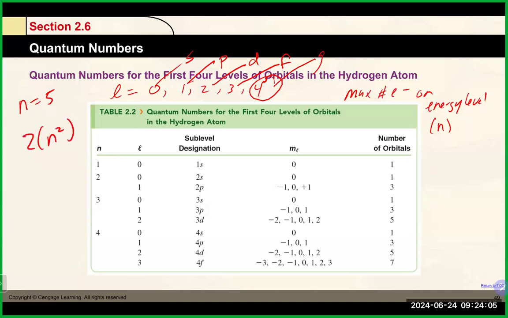So you square the n value first and then multiply by 2. We did n equals 2 a second ago. So 2 squared is 4. 4 times 2 is 8, which is the maximum number of electrons. If you get to something like the 5th energy level, 5 squared is 25, times 2 is 50. So that's a quick way you can figure out the maximum number of electrons on a particular energy level without having to draw all that.